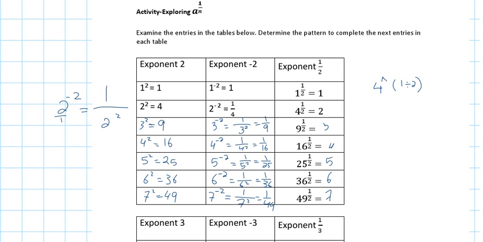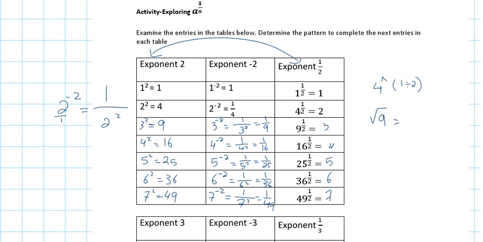Now here's the question for you guys. What do you notice between this and this? Talk about the base, talk about your answer. So basically what's happening here, if I look at 9 to the power of half, it is equal to 3, but if at the same time I do the square root of 9, what is it going to give me? 3.